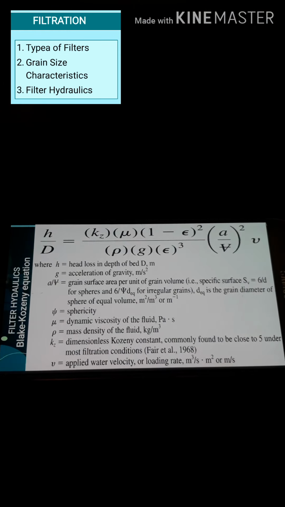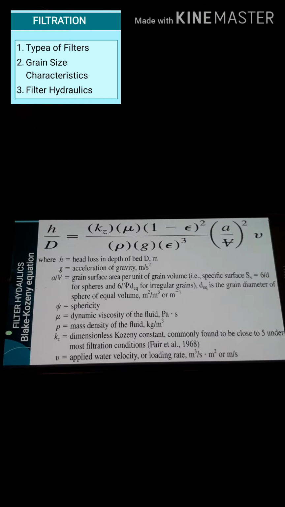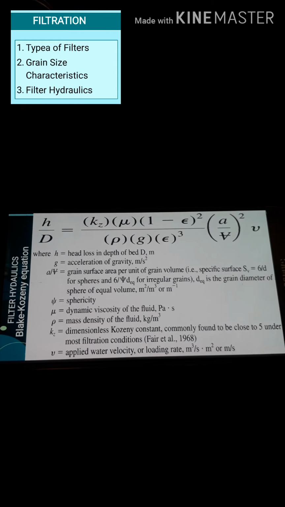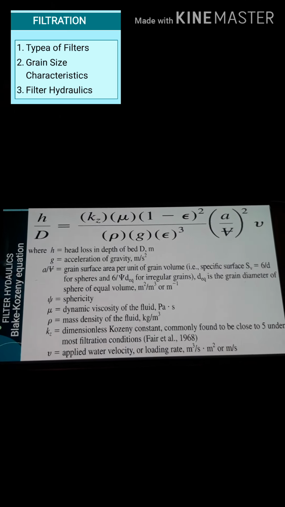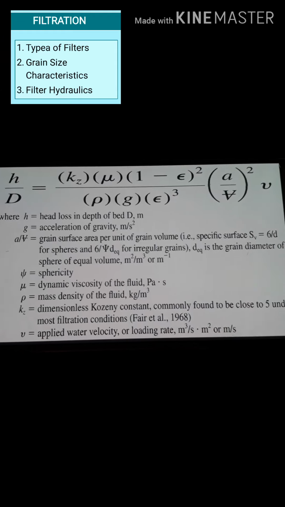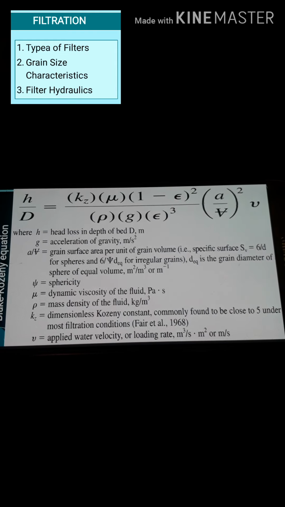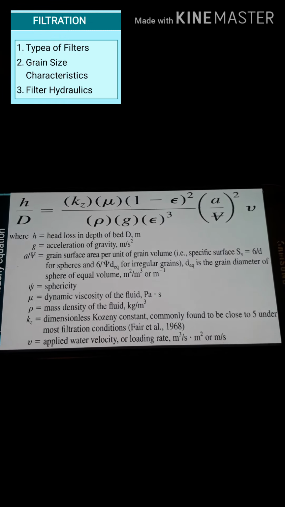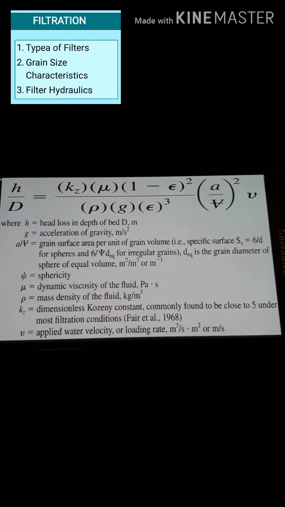H over D is equal to K sub Z times mu times 1 minus E squared over density times G times E raised to 3 times A over V squared times V. Here H is the head loss of depth in bed D, G is acceleration of gravity, A over V is the grain surface area per unit of grain volume, and mu is the dynamic viscosity of fluid, density is the mass density of fluid, Kz is the dimensionless Kozeny constant commonly found to be close to 5 under most filtration conditions, and V is the applied water velocity or loading rate.